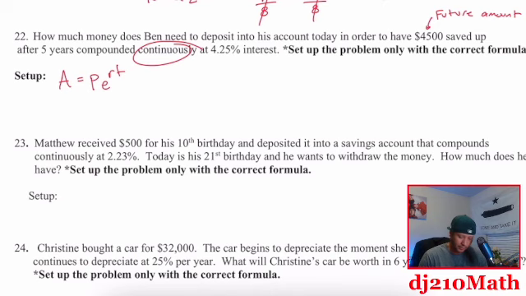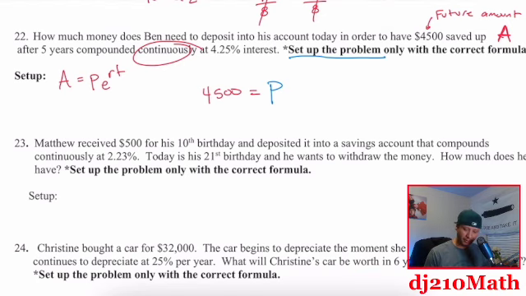So the future amount, this is your A. Future amount is A. So 4,500 equals the principal amount, the thing that we would be solving for.